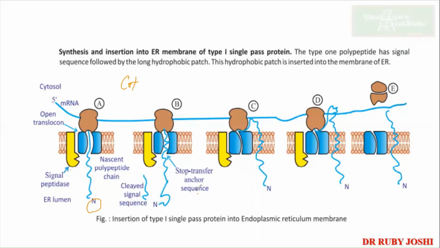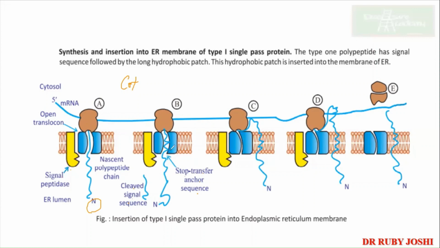Just now I mentioned that the moment the translocon understands that these are hydrophobic alpha helix amino acids, that recognition is because of the start and stop sequences. I'll come to that again. Because of those sequences, it understands and synthesizes.